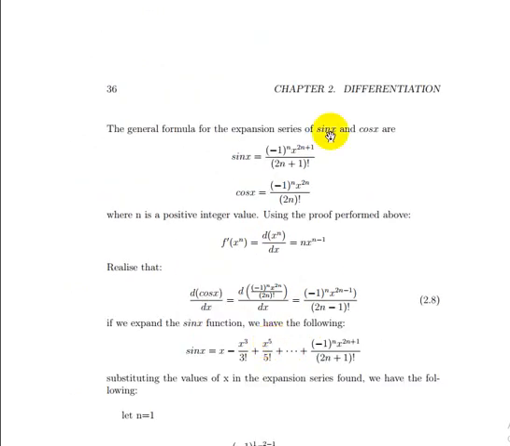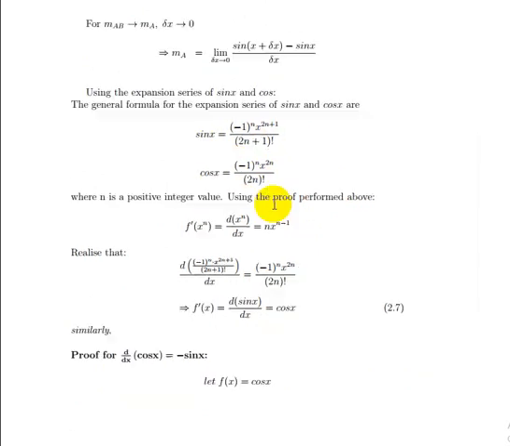Now to prove the next one, you still use the same method. You differentiate this other formula, because you are now proving that d over dx of cos x equals negative sine x. So I'm going to differentiate this second formula in order to prove that it's going to give you this formula.